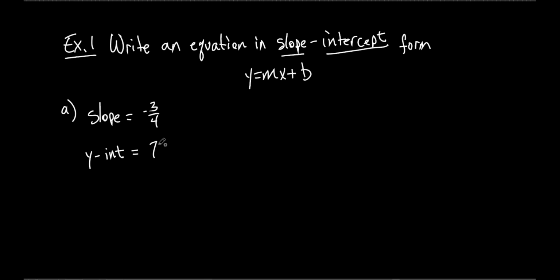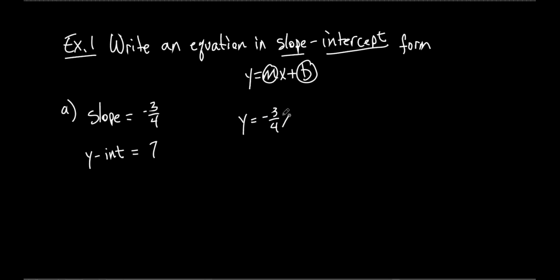All right, so here we go. They give you the slope. We're starting off super easy right now. It'll eventually get a little bit more interesting, okay? They give you the slope. They give you the y-intercept. So there's the slope, there's the y-intercept, and you just put them in there. The x and the y just stay x and y. So y equals m. What's m? Negative 3/4.